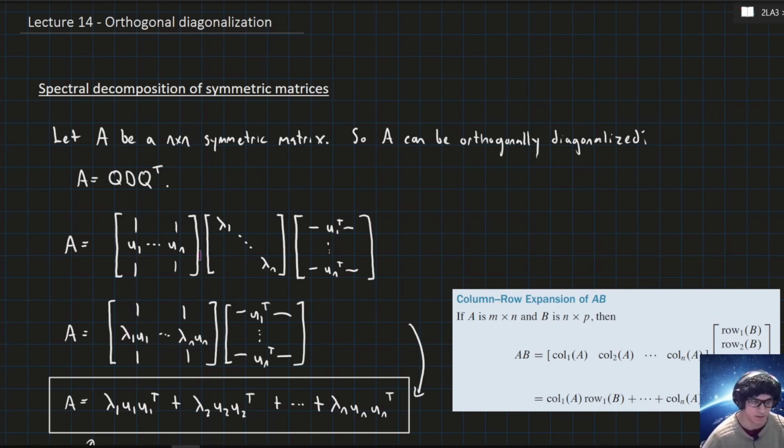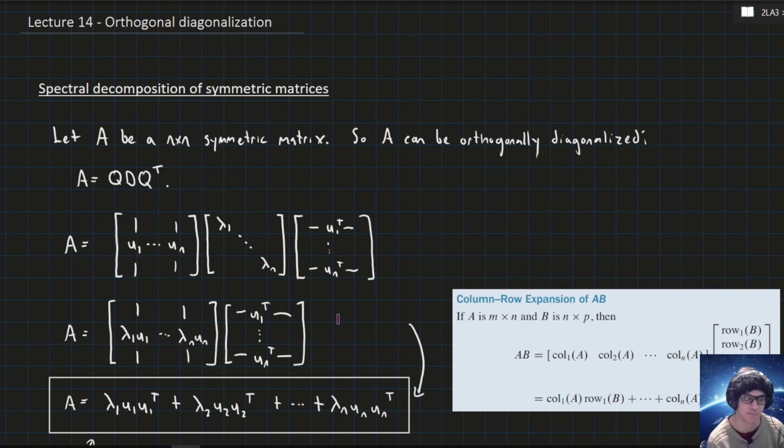If I multiply the first two matrices, I just scale each column by its corresponding eigenvalue, like this. Now how do you multiply these two matrices? We talked about two different methods for multiplying matrices: the dot product method, and the column method.